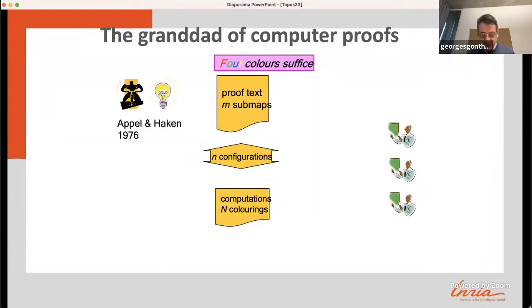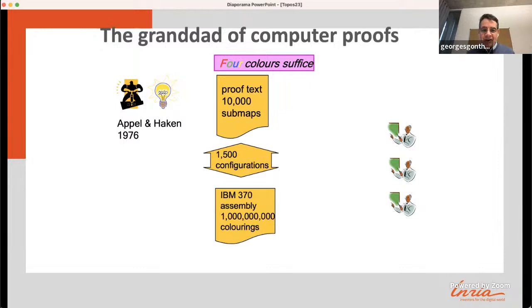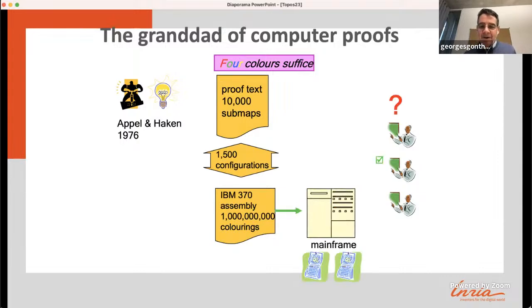And so it actually took a computer to examine all these colorings, because you need to look at 10,000 submaps, 1,500 configurations, and over 1 billion colorings. At the time in 1976, that was done with an IBM assembly language program and required 2 months of mainframe.